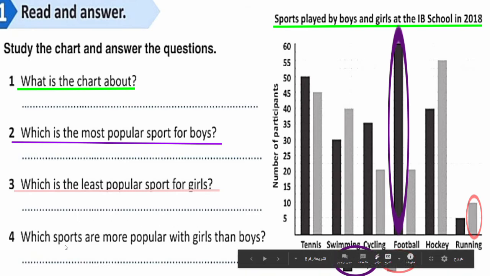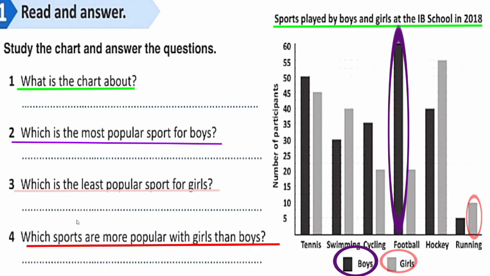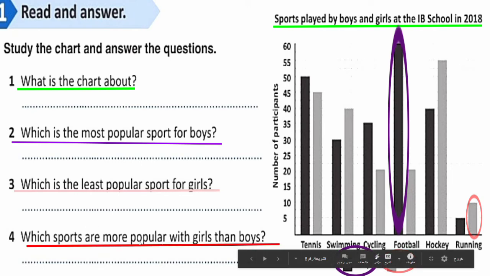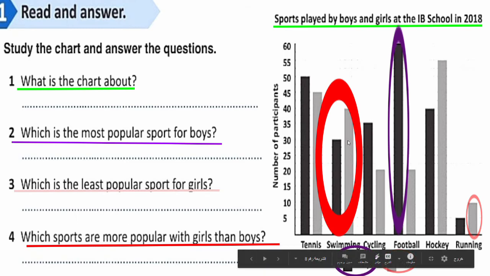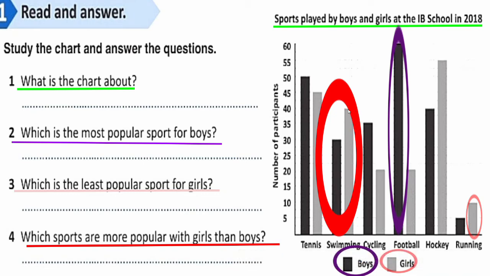Which sports are more popular with girls than boys? Not only one sport, but all the sports which are more popular with girls than boys. The first one is swimming. As you can see here, the girls increase in number with regard to boys.